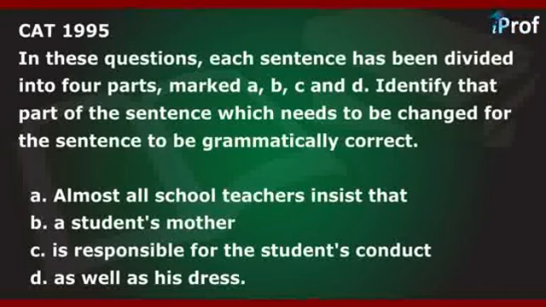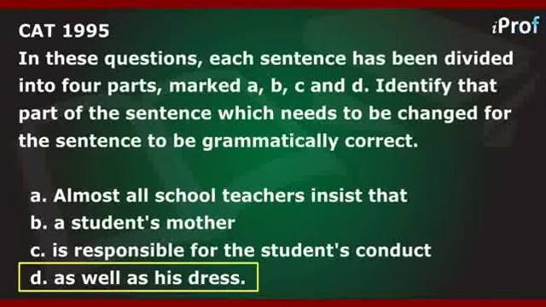So, what is the correct form of part D? It should read, as well as for his dress. So, the sentence would then become, almost all school teachers insist that a student's mother is responsible for the student's conduct as well as for his dress, and that will be the correct sentence.